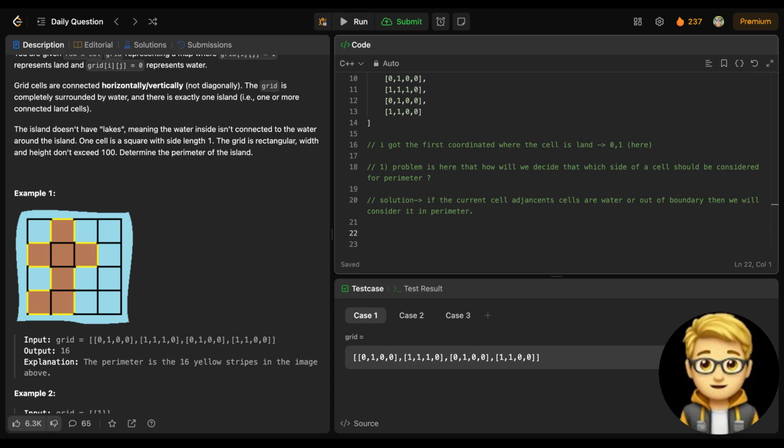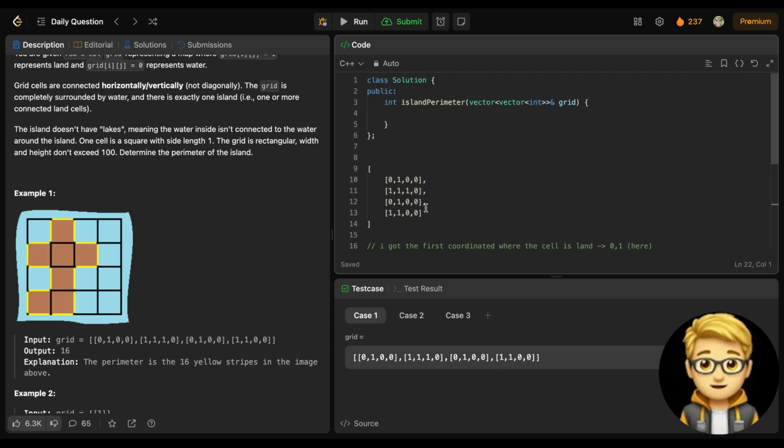Instead of a visited array, I can also take another integer value which is not 0 or 1, so that I can confirm that I have visited this cell already. So I can use the given array also.